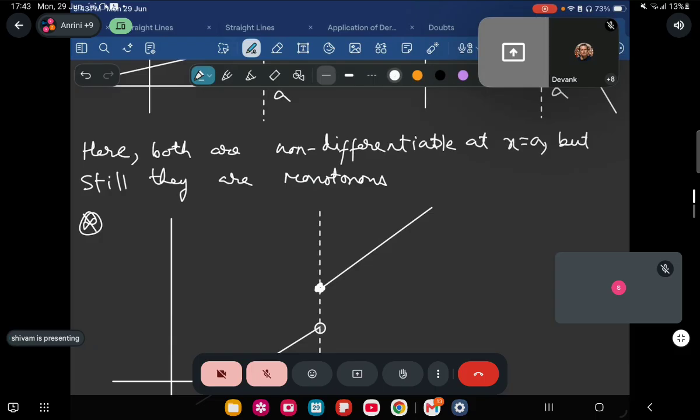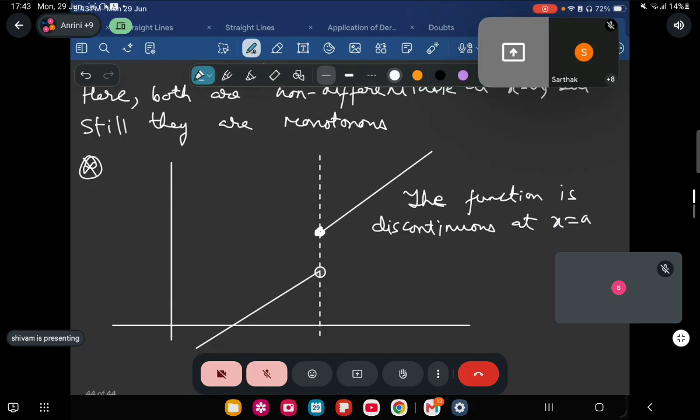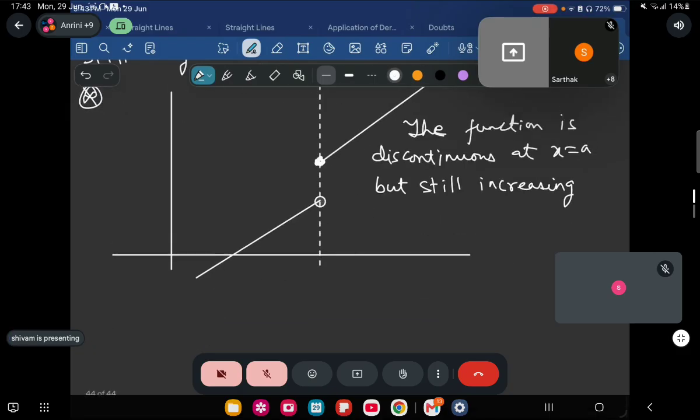Yes. It's not continuous, right? Of course. This function is discontinuous at x equal to a, but still increasing. Okay, next.